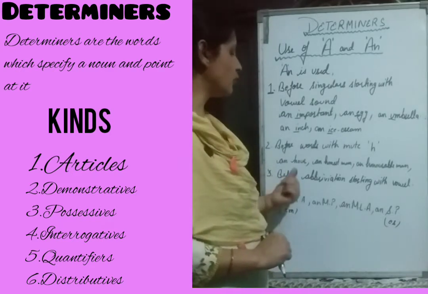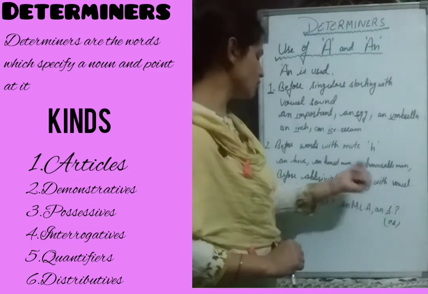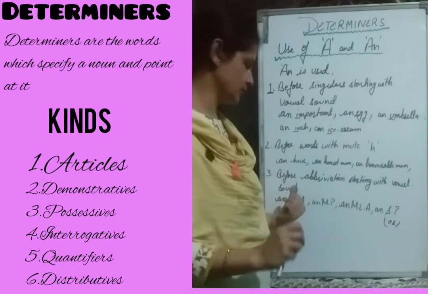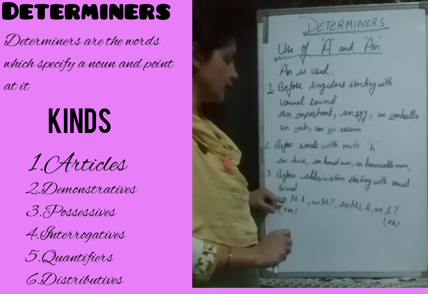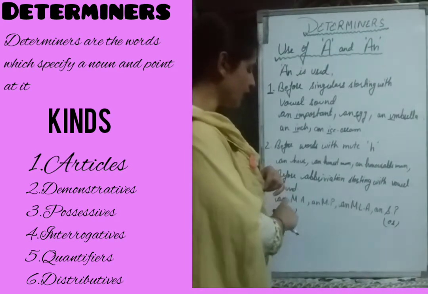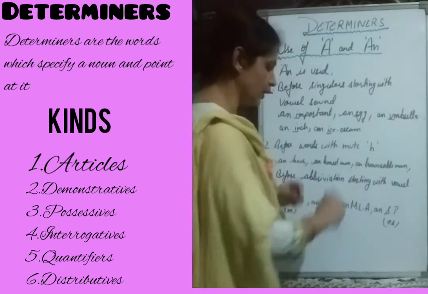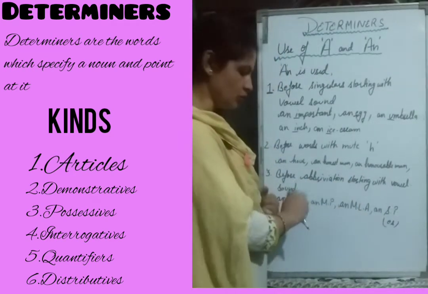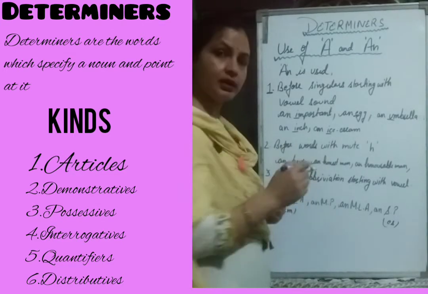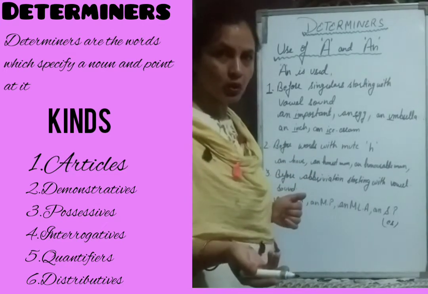Then third, before abbreviations starting with a vowel sound. In abbreviated form, like an MA, an MP, an MLA. Now you must be thinking that M is a consonant.